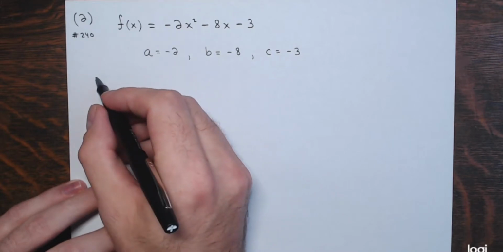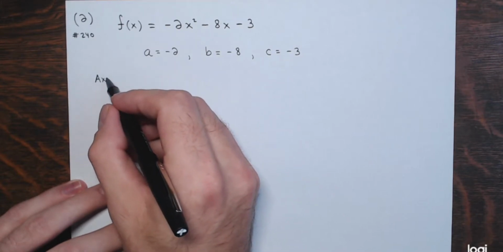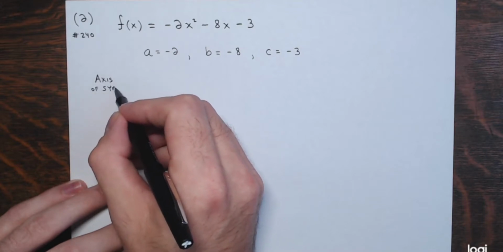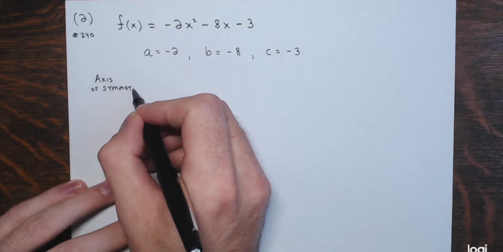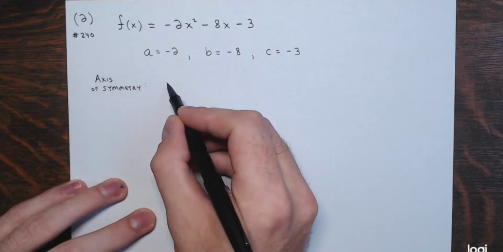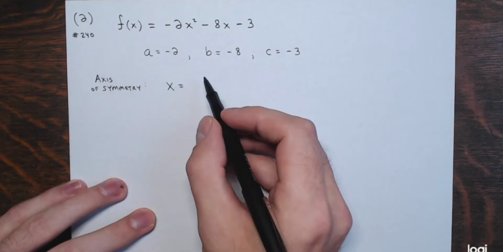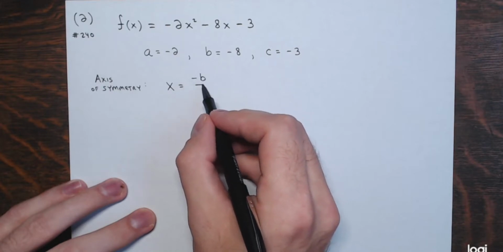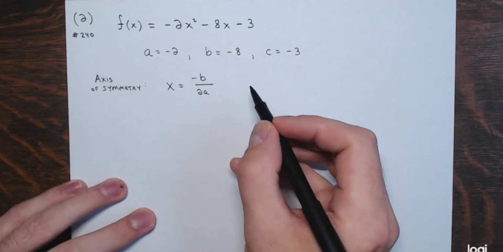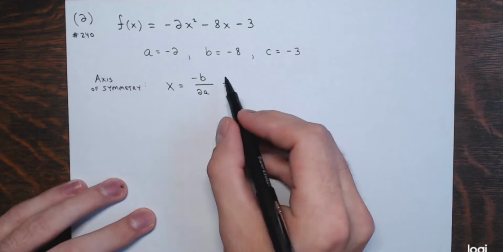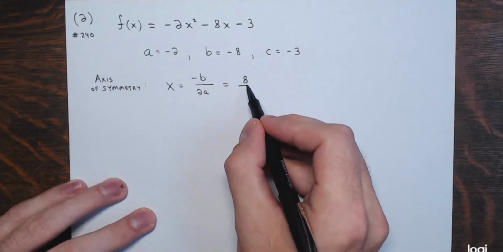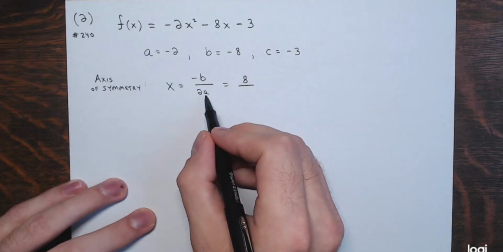All right, so first the axis of symmetry is x equals, and I'll write out the little formula once again, the opposite of b divided by twice a. Alright, so now the opposite of -8 is +8. So I have +8 in the numerator. 2 times a is 2 times -2.